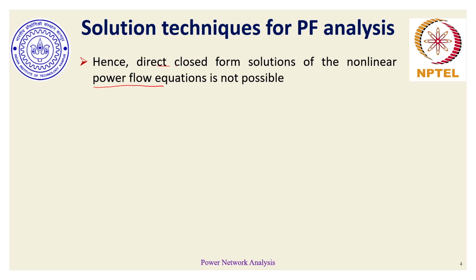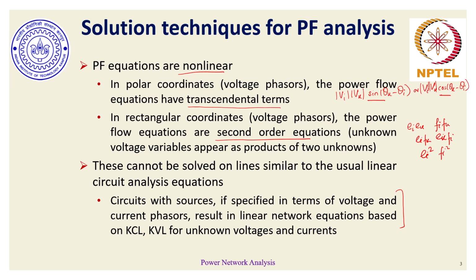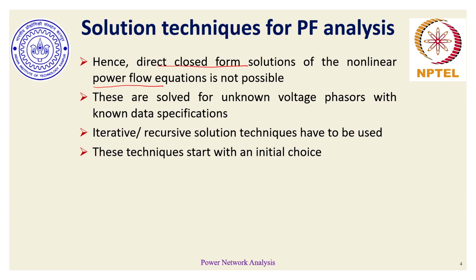What do closed form solutions mean? For linear equations like Ax equals B, if A is well defined, a full rank matrix, then x can be simply obtained as A inverse of B. This form of solution for Ax equals B indicates the closed form solution. The same, however, has not been satisfactorily achieved for nonlinear power flow equations.